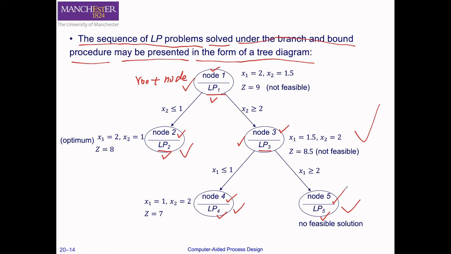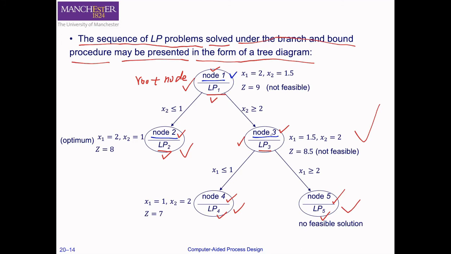From this tree diagram, we can see node 2 and node 3 are children of node 1. So node 2 and node 3 are called the child nodes of node 1, and node 1 is called the parent of nodes 2 and 3.